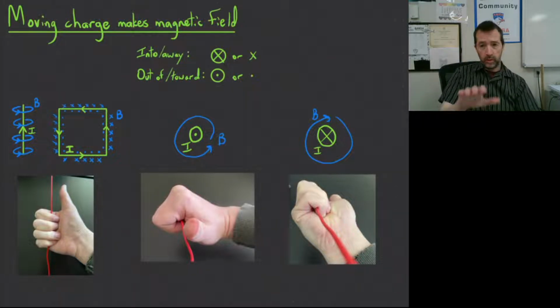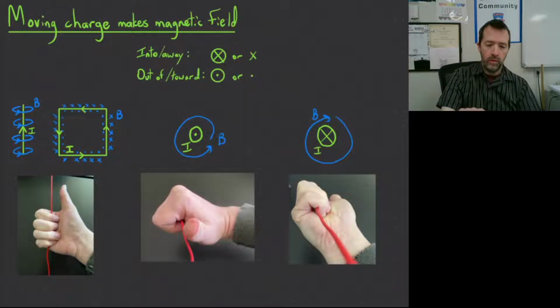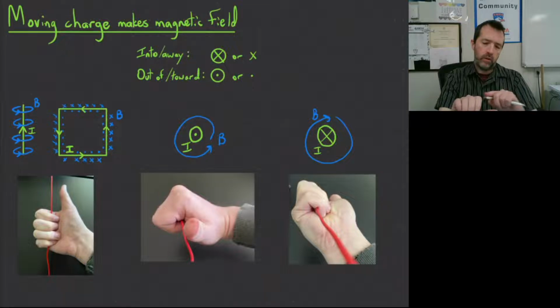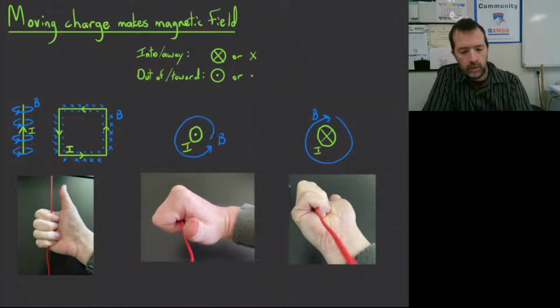Along the top segment, my hand is reversed in the camera view, but if you have your thumb pointing to the left, and imagine holding that wire in your hand, your fingers go into the screen above the wire, and when they wrap around, they come out of the screen below the wire. I've illustrated that with the traditional X's and dots.